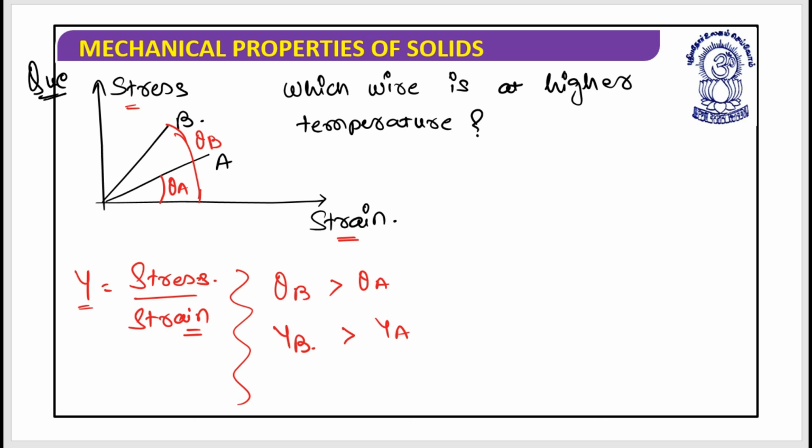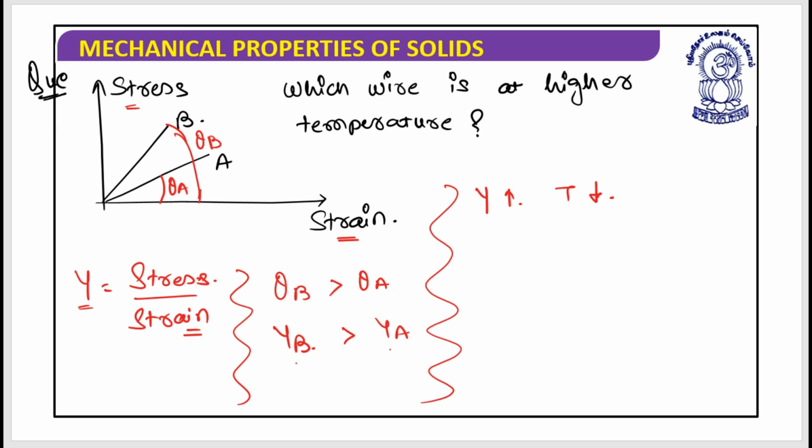Now one more thing that I understood, that we have discussed on the factors that affect the elasticity of a material: if Young's modulus is higher, its temperature would be lower. As soon as we increase the temperature, its elasticity starts decreasing.